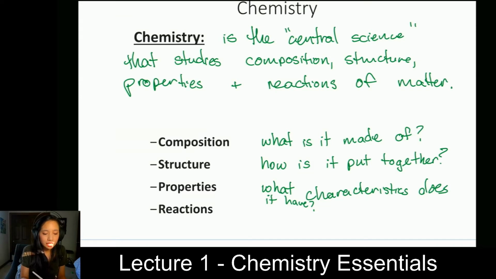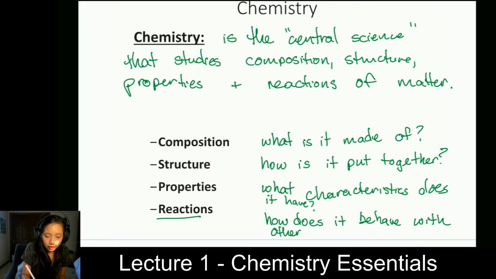And then lastly, we can talk about reactions of matter. Essentially that means, how does this specific piece of matter behave with other substances? So we know if we combine oxygen with iron, you can get something like rust. So that is a reaction property of iron.